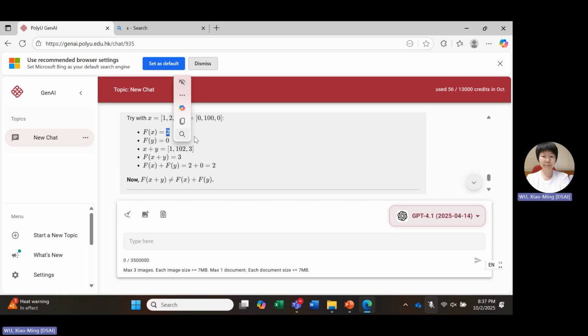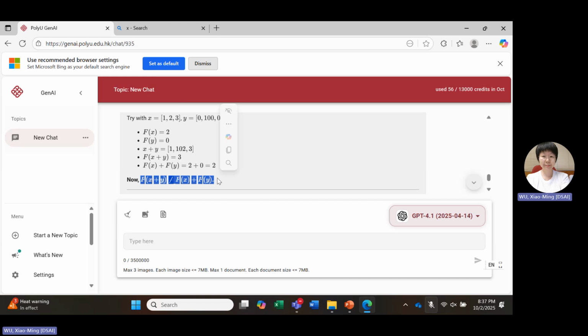So GPT gives a counterexample where we have image X equal to 1, 2, 3. F represents the median, so F(x) is 2. And for the second image, y equal to 0, 100, 0, the median of the y image is 0. Okay, clear? So x plus y gives this new image, 1, 102, and 3. The median of this new image is 3. And clearly, 3 does not equal 2 plus 0.